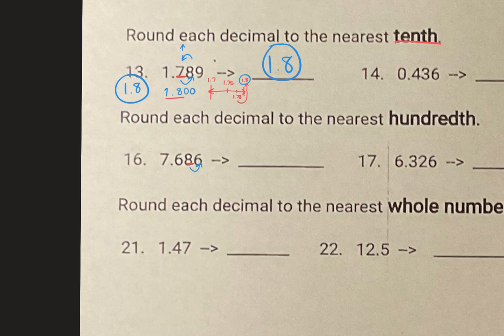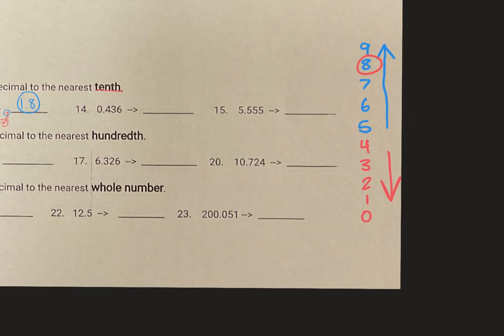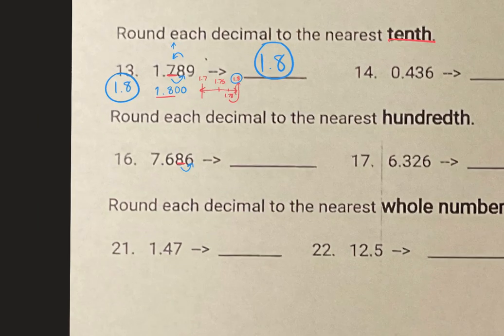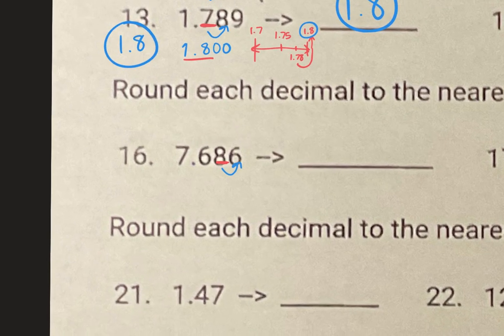That number is a 6. And when we look back, if it's a 6, that means it's 5 or more, so we are rounding up. So if the number to the right is a 6, it tells me to round that 8 up 1.